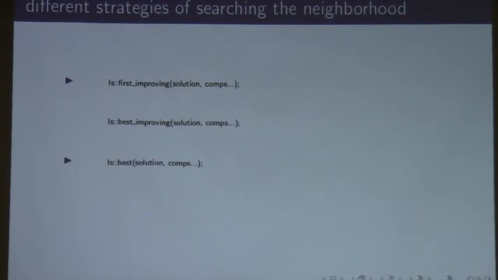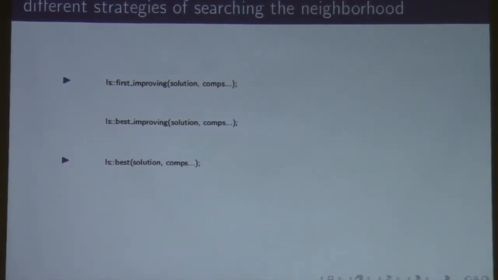And there is the best strategy, which just takes the best move and applies it, so it could be non-improving. And from our experience, these three strategies cover all the cases that we were able to think of. Even if you think of something fancy, it can be reduced to one of these three strategies.